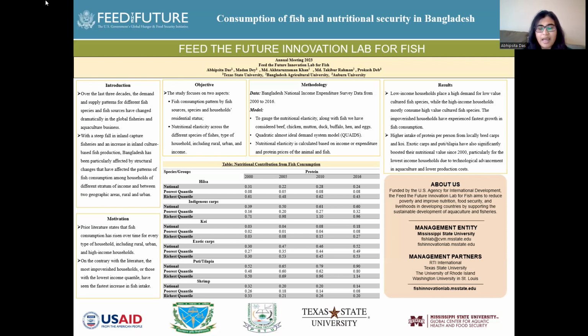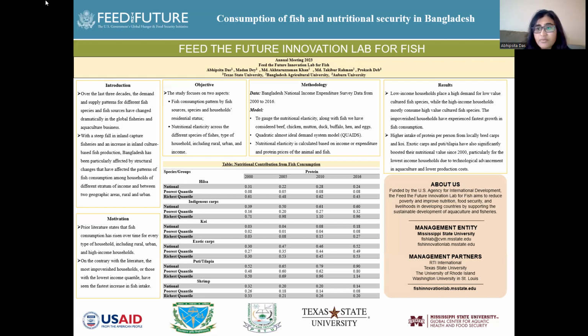We have used a quadratic almost ideal demand system model through which we try to find the effect on the allocation of budget of a household on different nutritional sources, and that includes fishes across the species and also other sources of protein. Here, nutrition means we have only considered protein.